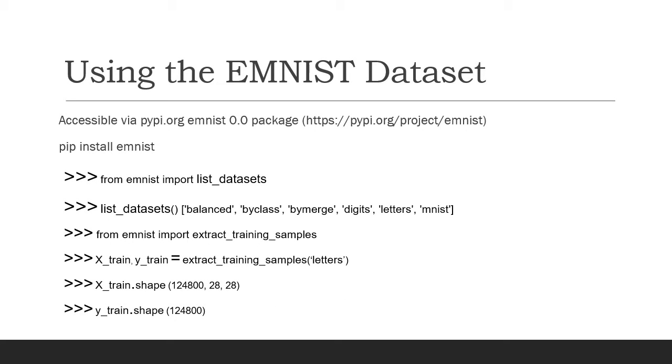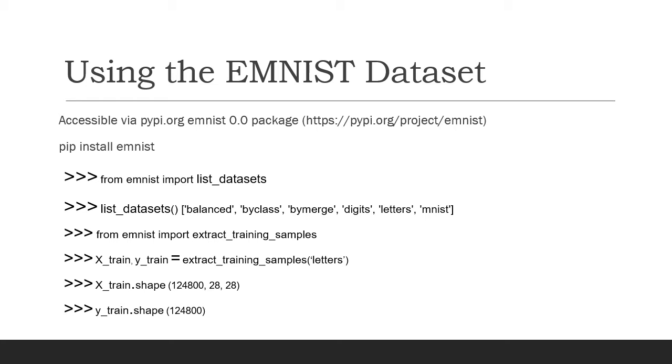The MNIST dataset is accessible via this pypi.org website. It's got Python wrapped around the data to enable some convenient methods for extracting and manipulating the data directly within Python. You just import the list datasets or different libraries for extracting the training and the test samples, like you can see here.